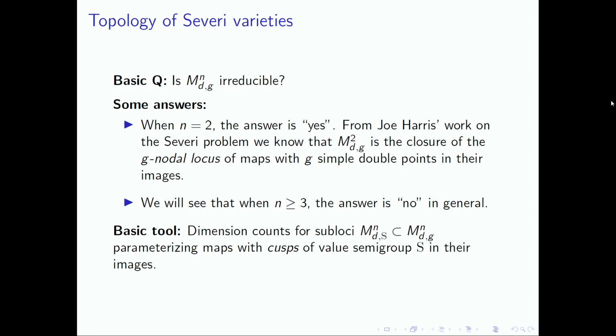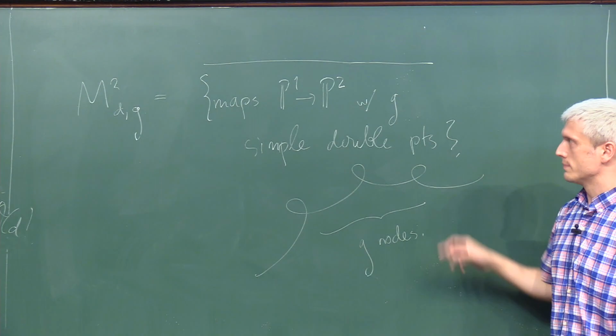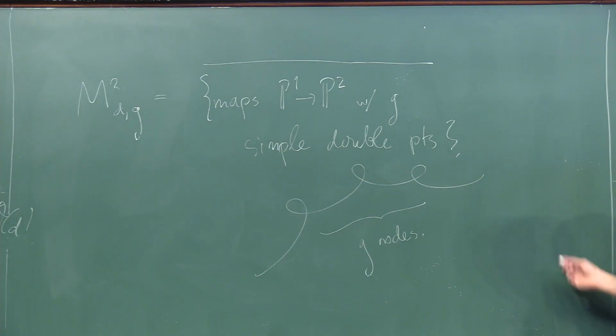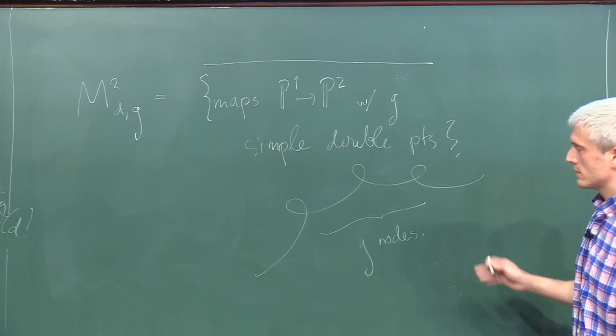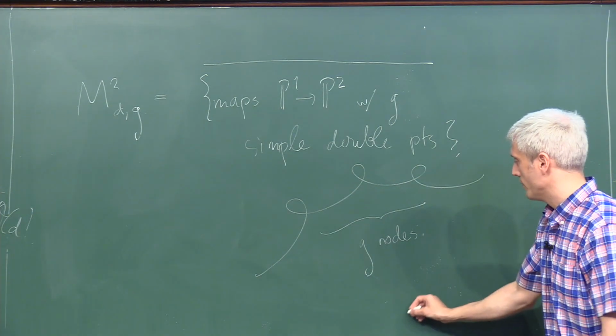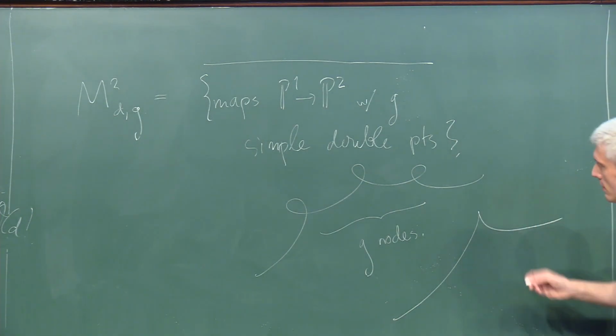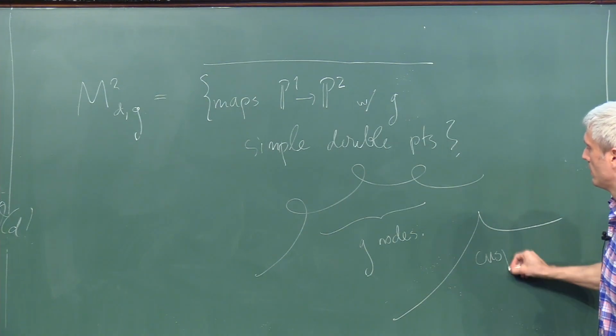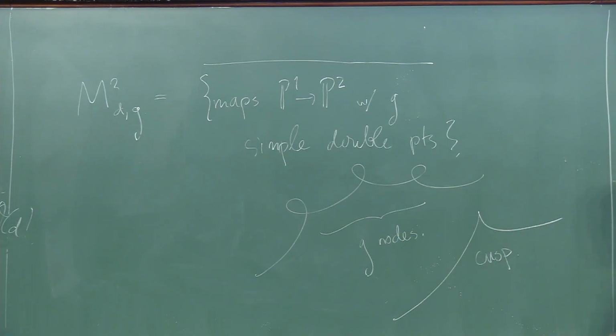To do that, not very surprisingly, we're trying to do dimension counting for maps with singularities in their images. Instead of looking at maps whose images have nodes, we're going to focus on special maps whose images have exactly one, in general pretty bad, cusp, that is to say, a unibranch singularity in their images.